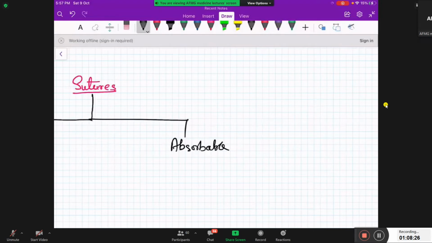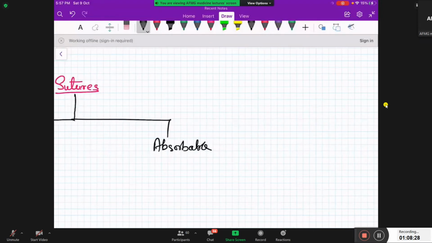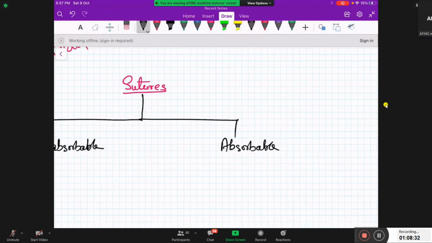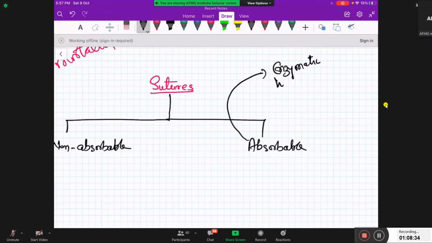They get absorbed by enzymatic hydrolysis and phagocytosis. Enzymatic hydrolysis and phagocytosis are the means of these sutures to get absorbed.